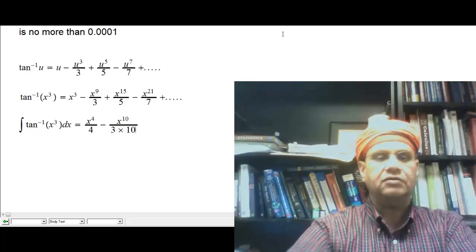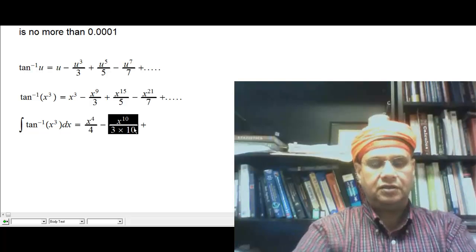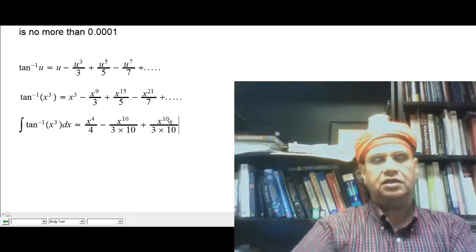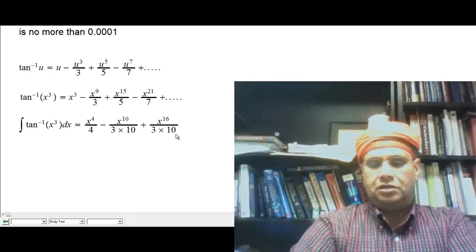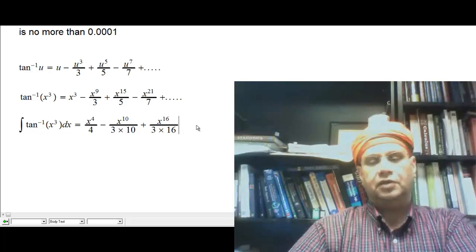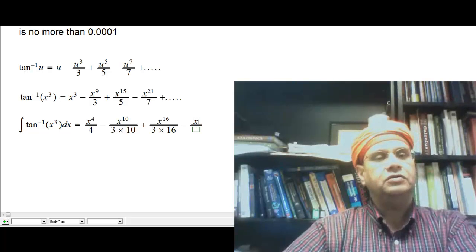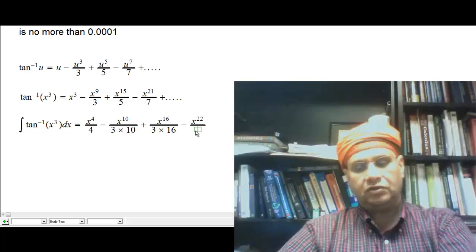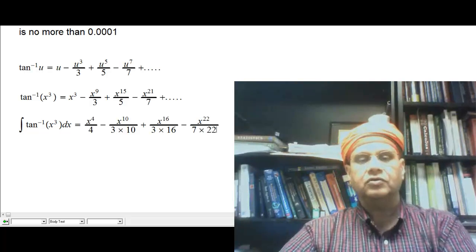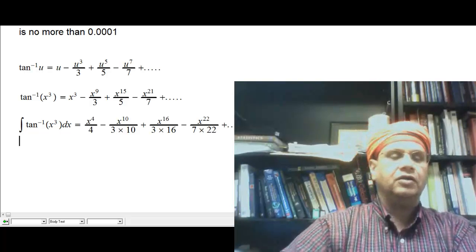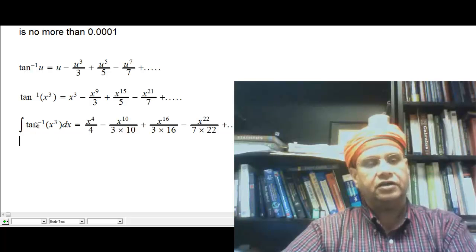Then plus x to the 16 over 3 times 16, then x to the 22 over 7 times 22. Okay, and now we are going to take the definite integral.